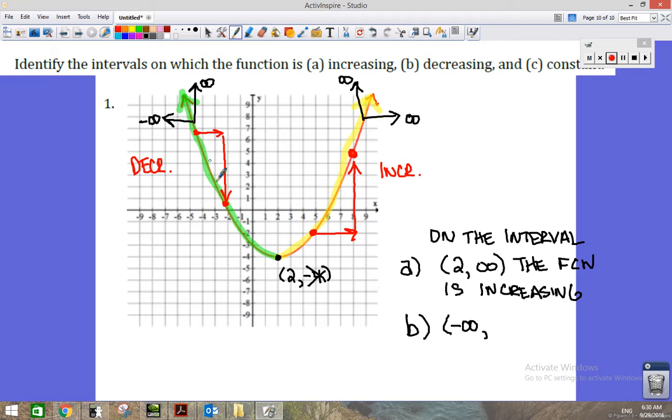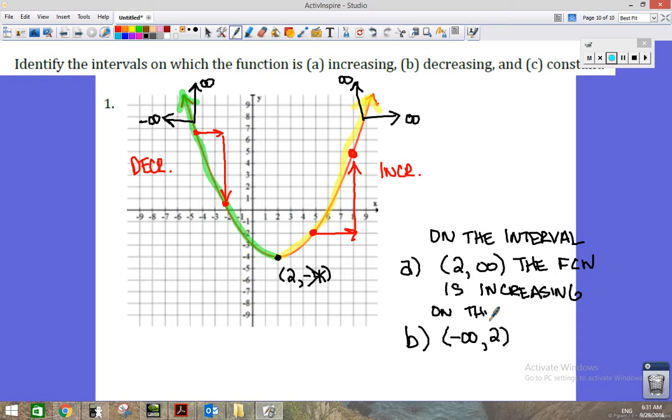As you go from point to point, as you go to the right, as x increases, the y values are getting smaller. You're decreasing, you're going down. And that's true all the way until you hit the vertex. And the x-coordinate of the vertex is 2. So, on this interval, from negative infinity to positive 2, the function is decreasing.